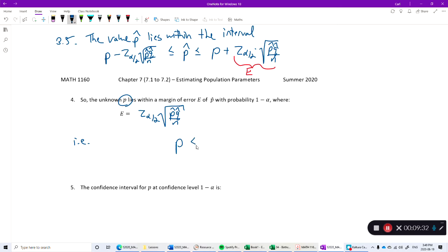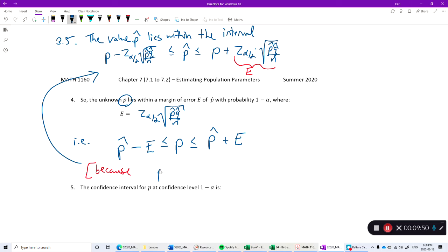So P is between P hat plus E and P hat minus E. And that was because we knew that from up here, we knew that P minus E was, let me just write it first.